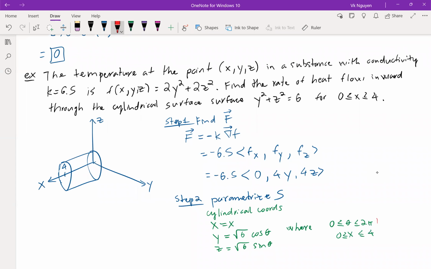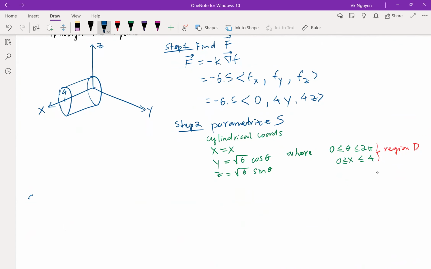That is the region D. Step 3, compute flux.